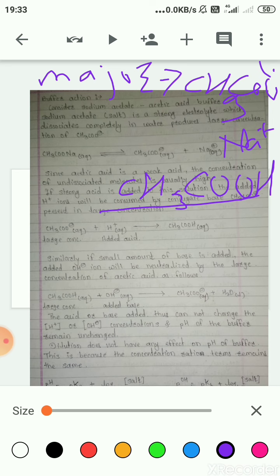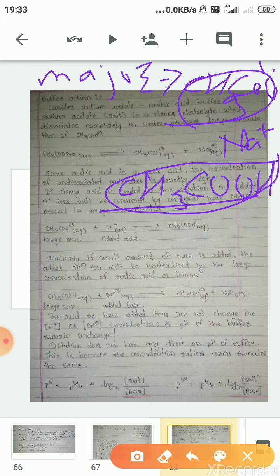Now what you have to remember is that it contains a major amount of acetate ion and a major amount of acetic acid. Why do we have to remember these two? Because we have to see how they maintain the pH and prevent drastic changes in pH.